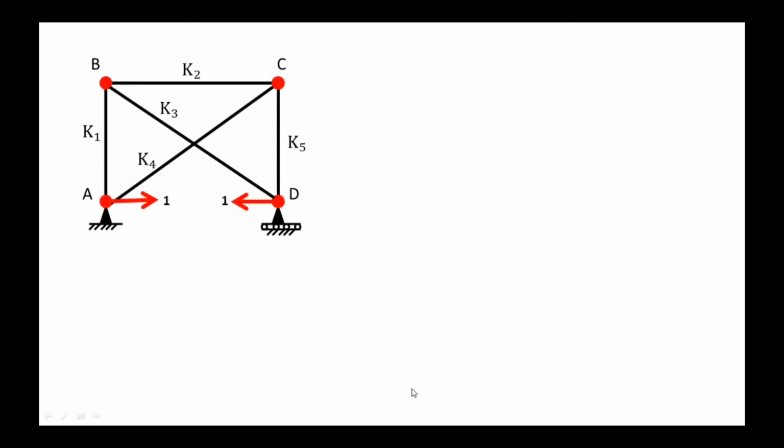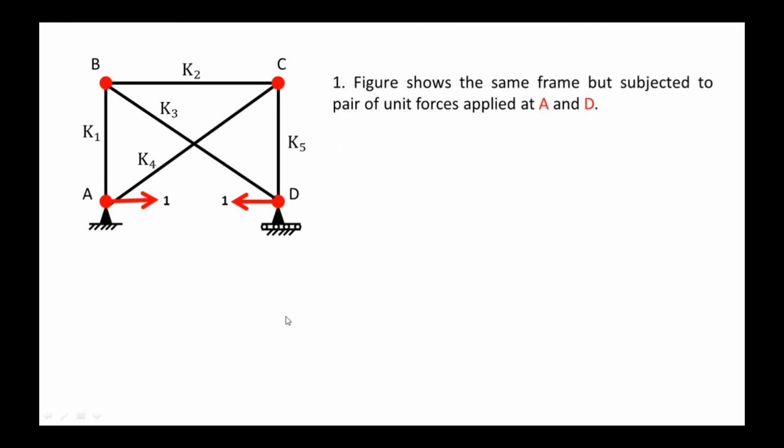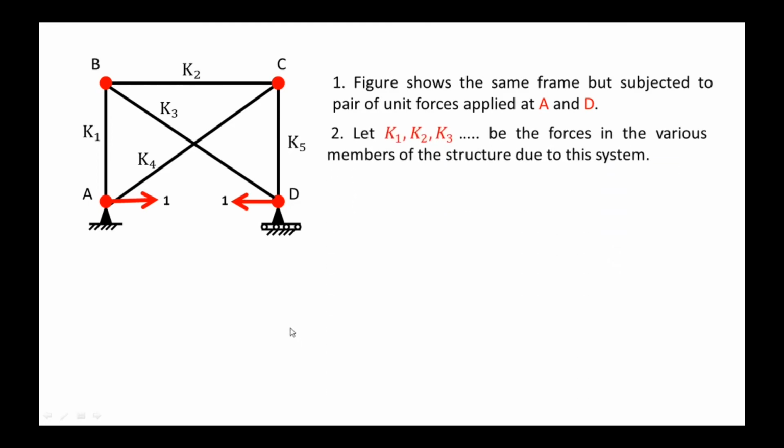So now, let this frame be subjected to a unit force at joint A and at joint D. Due to this unit force, the forces developed in the frame are K1, K2, K3 in this way. Now the important concept: P1 dash of the previous frame is equal to X, the force we have assumed in the member, into K1.